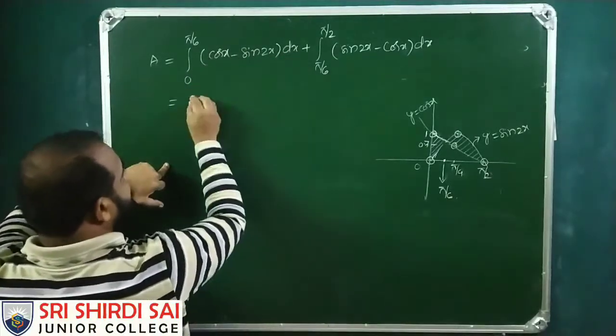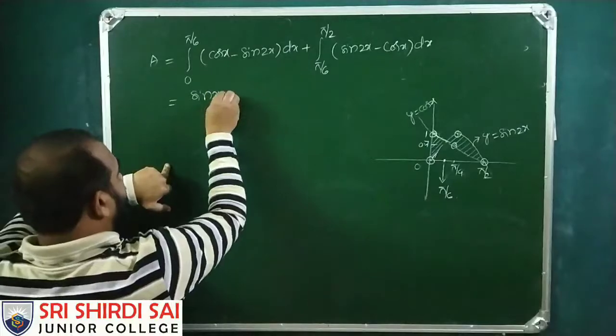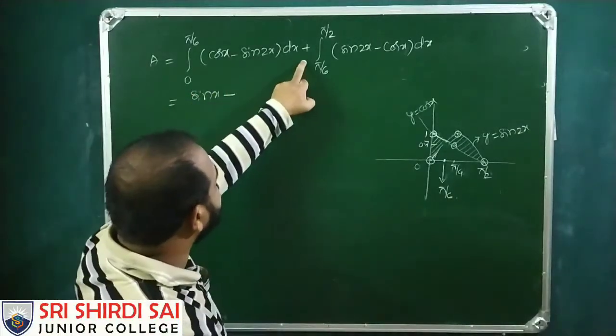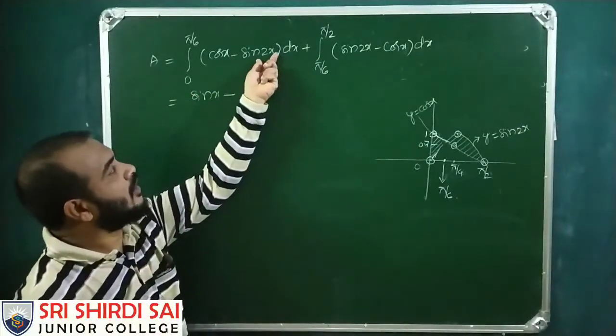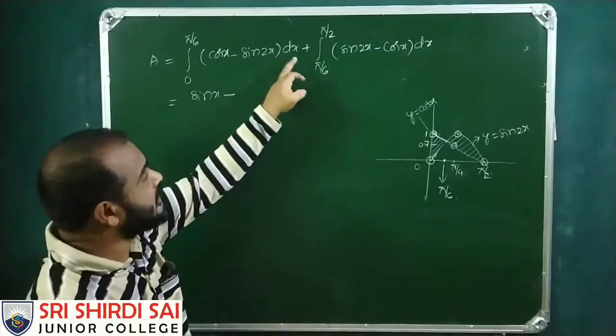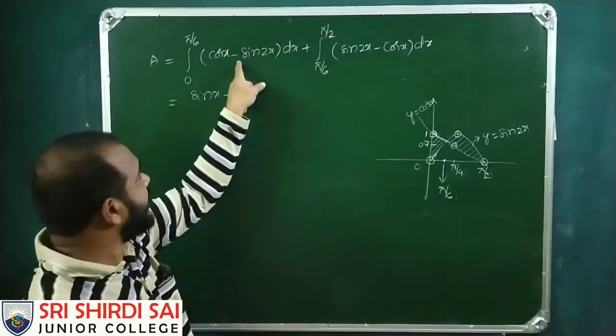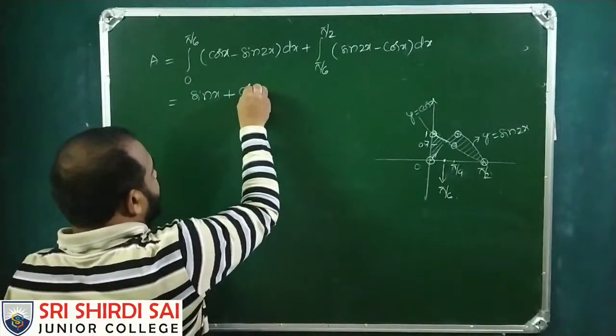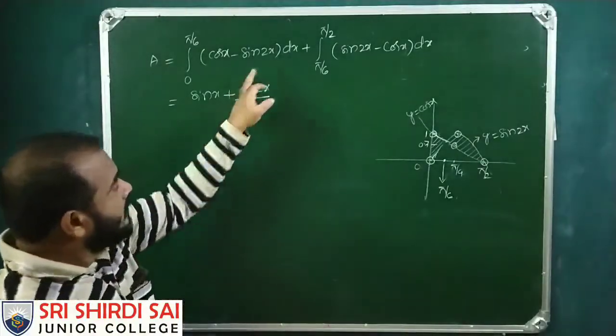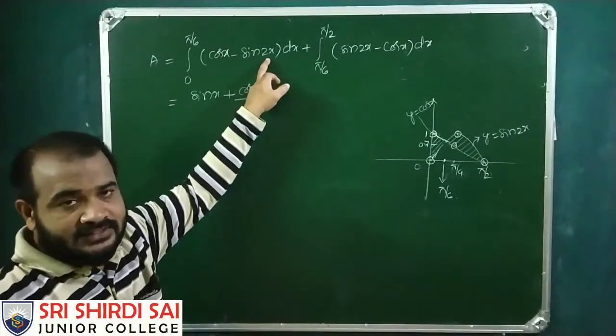The integral of cos x dx is sin x, minus the integral of sin 2x. The integral of sin x I know is minus cos x, so minus of minus, plus cos 2x divided by the derivative of 2x.